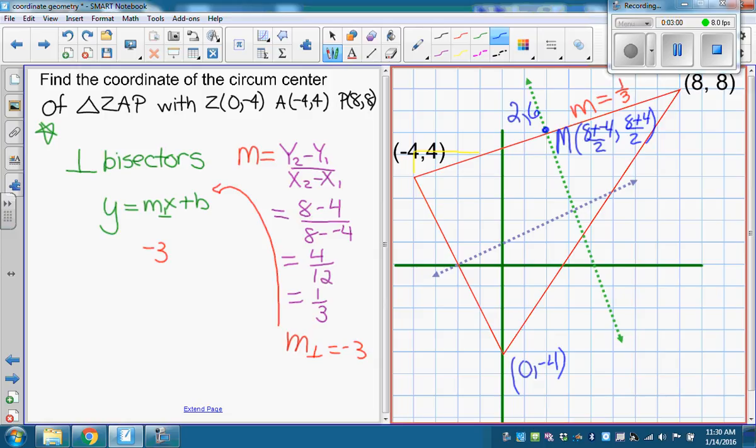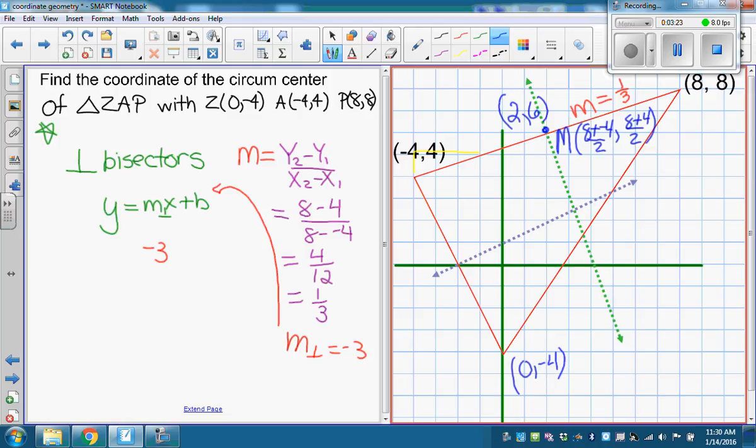You see that? So the picture is going to help you. Every time you do a step, you want to look at your picture and see if it's reasonable. Because there's so many steps, you don't want to get all the way to the end and have a totally unreasonable answer. Looking at the graph, it looks reasonable to go over 2 and up 6 to get there. So it looks like a reasonable midpoint.